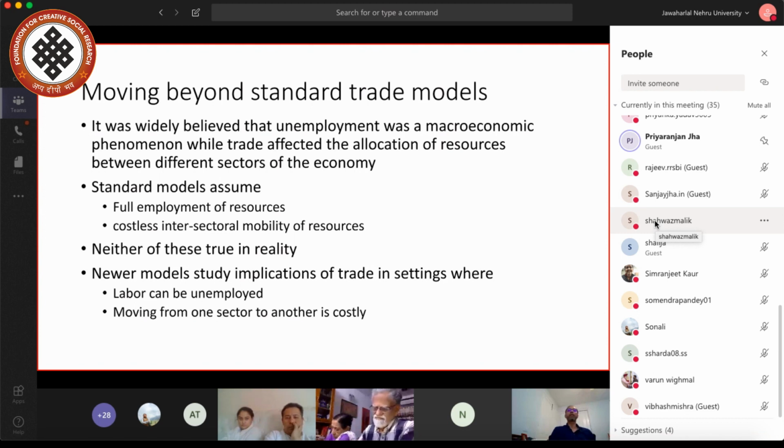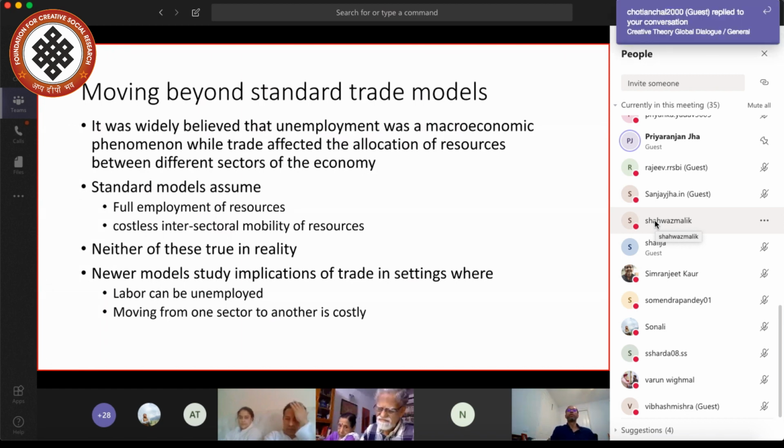So the idea is that if you open up to trade, your export sector is going to expand, and your import competing sector is going to contract. As a result, resources, which means labor and capital, are going to move from your import competing sector to the export sector. That is what we mean by reallocation of resources. And the standard trade model assumed that this reallocation is a frictionless process.